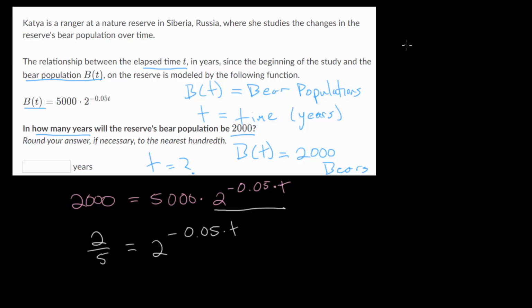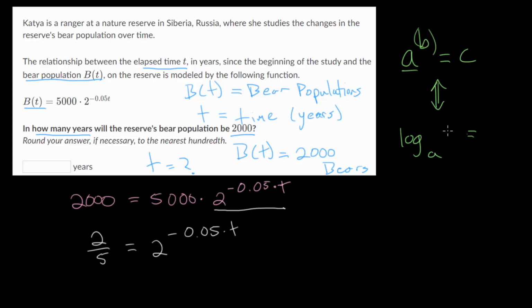Since remember, if you have some exponential equation, let's say we have a to the b is equal to c, then you can rewrite this as a logarithm where the logarithm will have the same base. So it'll be log base a, and the logarithm is equal to the exponent.